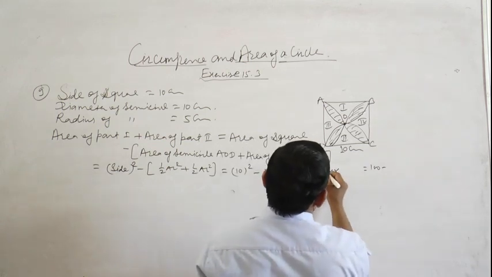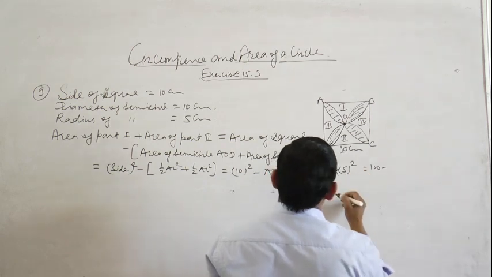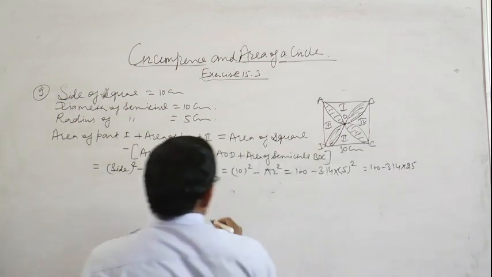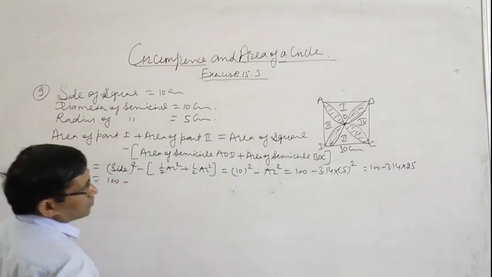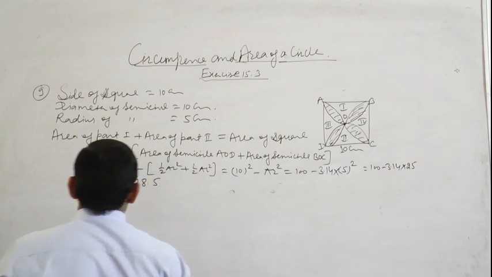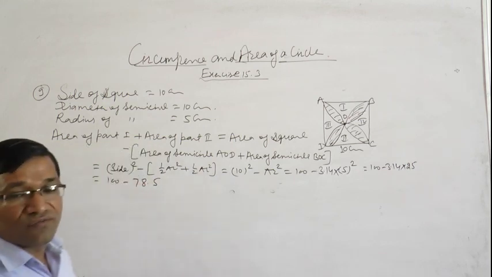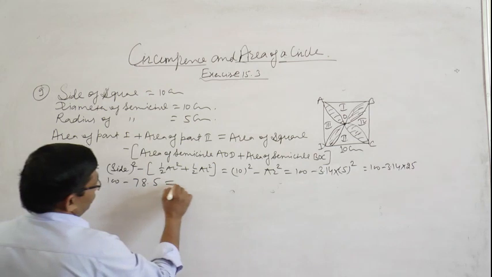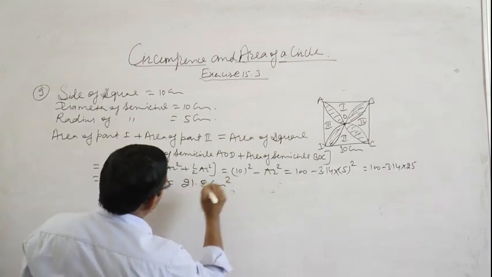So 3.14 multiply radius is 5, so 5 square. 100 minus 3.14 into 25, that is 100 minus 78.5. After multiplication we get 100 minus 78.5 is equal to 21.5 centimeter square.